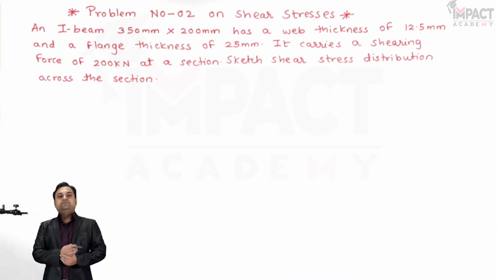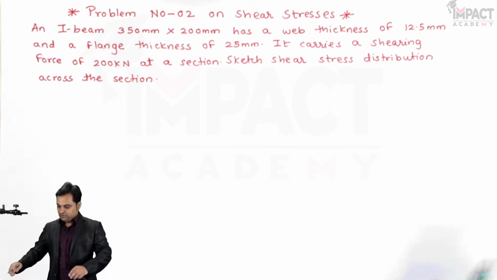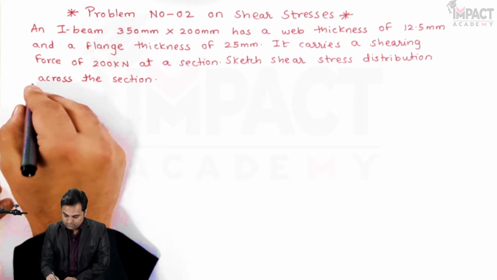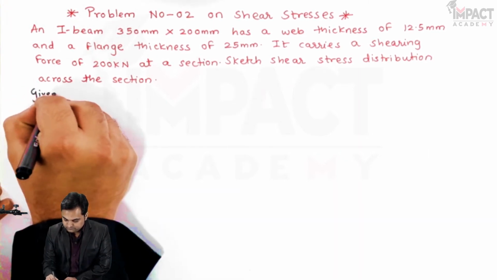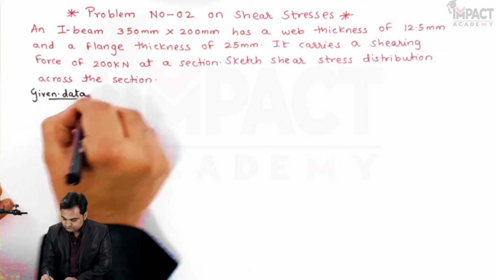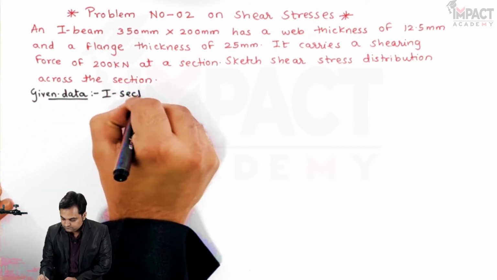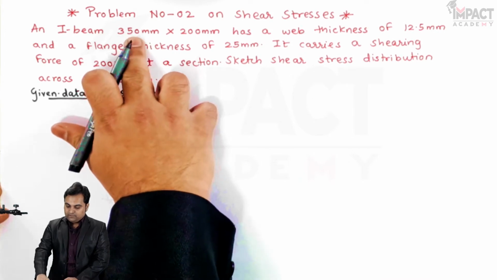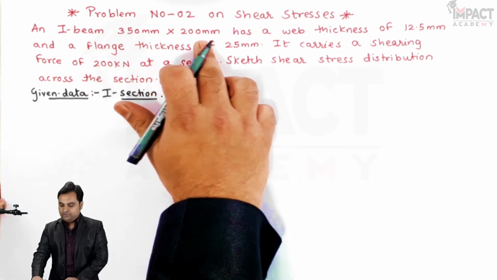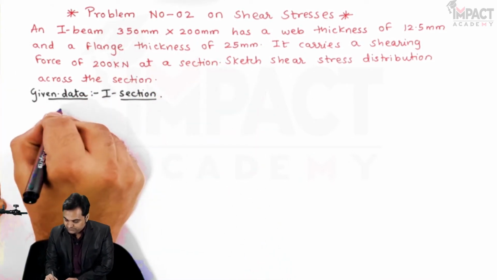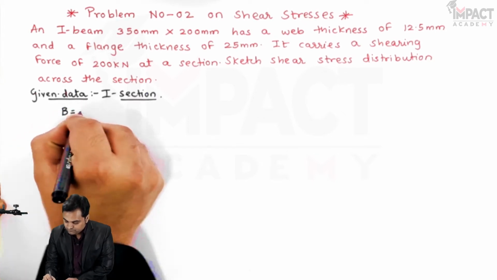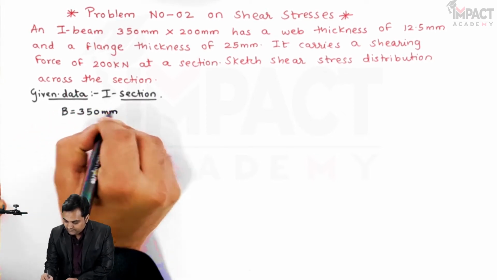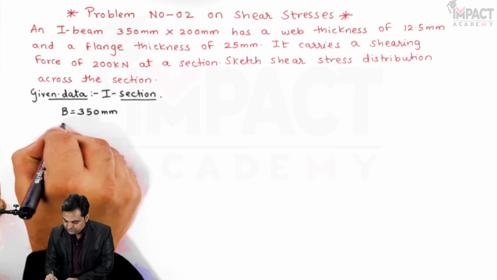So in the question it is mentioned that here we have an I section, so I'll write the data. There is an I section. The cross section is 350 by 200, so 350 is the total width and 200 mm is the depth of the section.